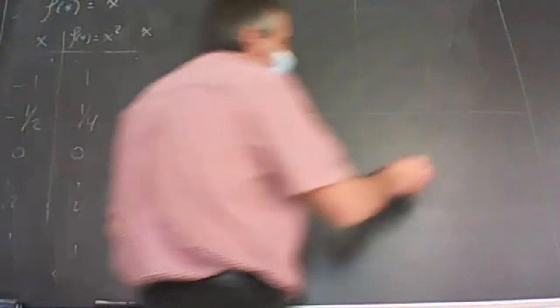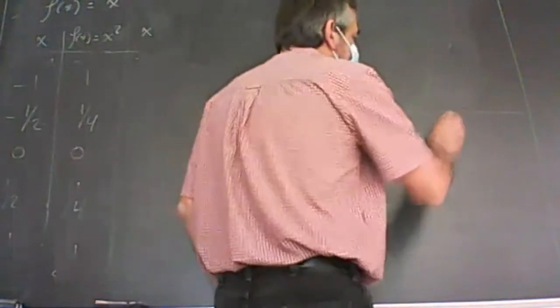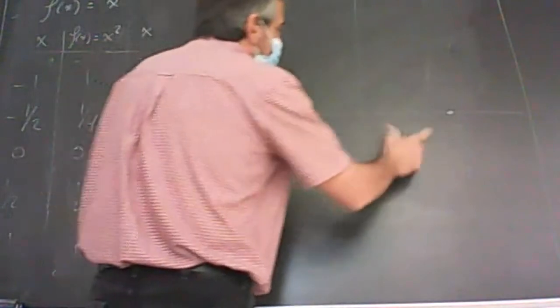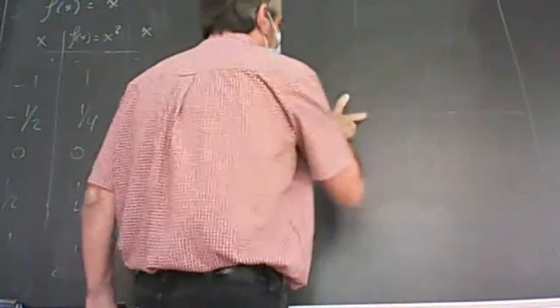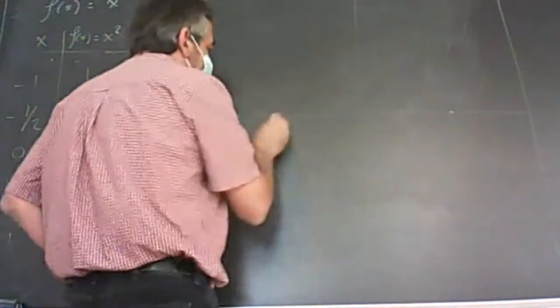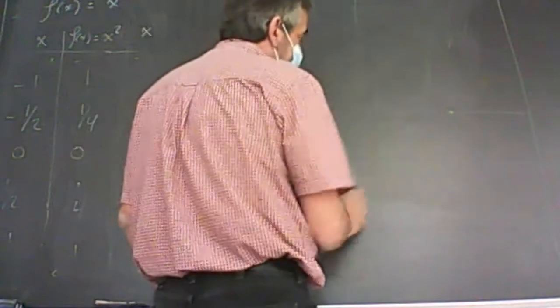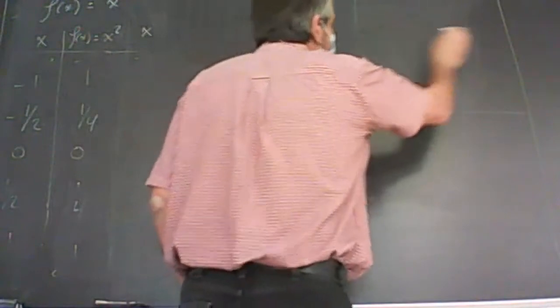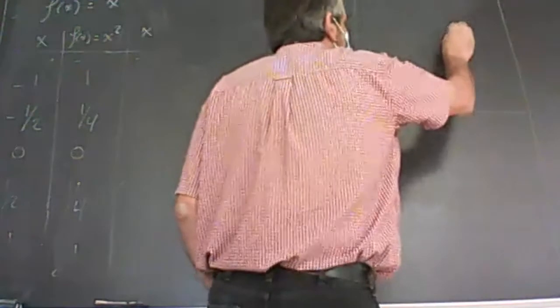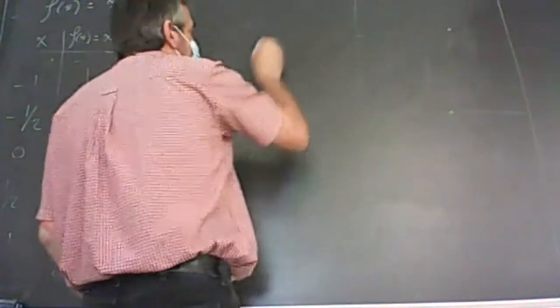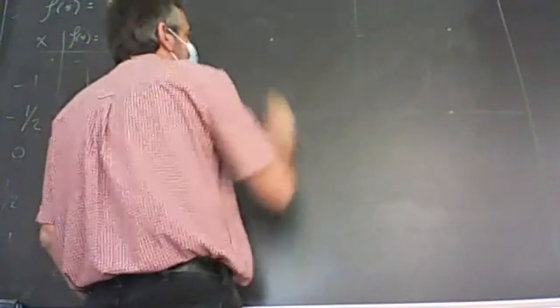So let's see. Now let me make the 1 big. This is the 1. This is the negative 1. Right there. So here we have a point right there, and here we have a point right there.